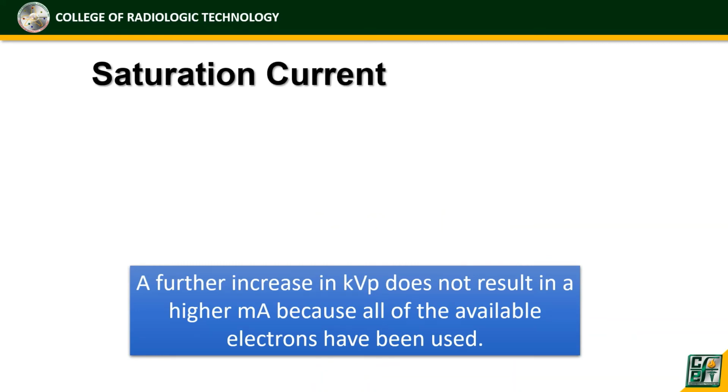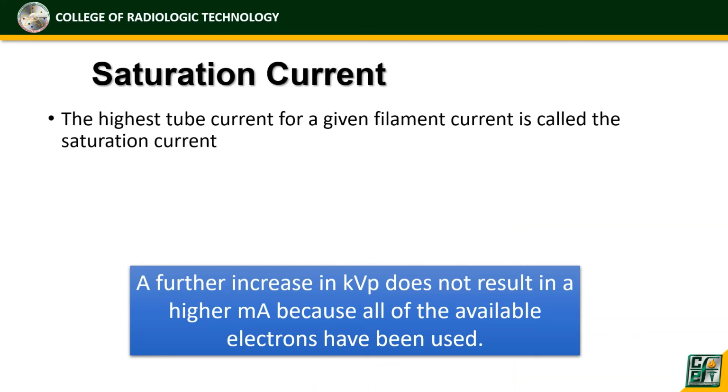Okay, saturation current. This is the highest tube current for a given filament current, and this is called the saturation current. So ito yung pinakamataas na tube current na pwedeng maibigay ng filament current. So remember that the filament current controls the tube current.